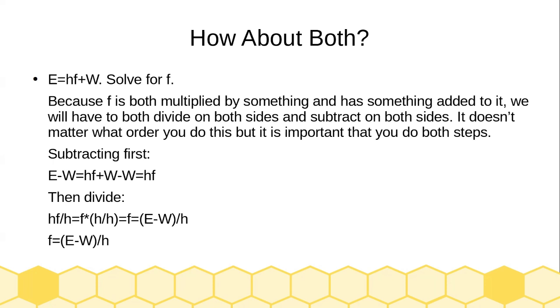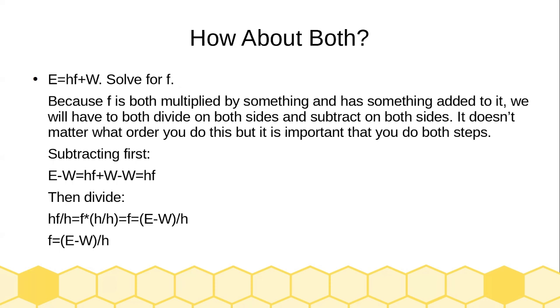So I want you to be able to look at this. Because f is both multiplied by something and has something added to it, we will have to divide on both sides and subtract on both sides. It doesn't matter what order you do this in, but it is important that you do both steps.